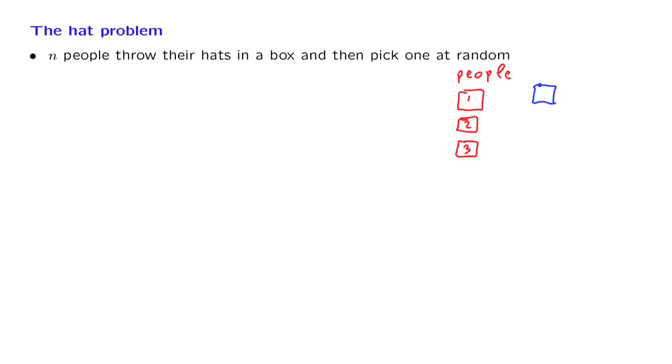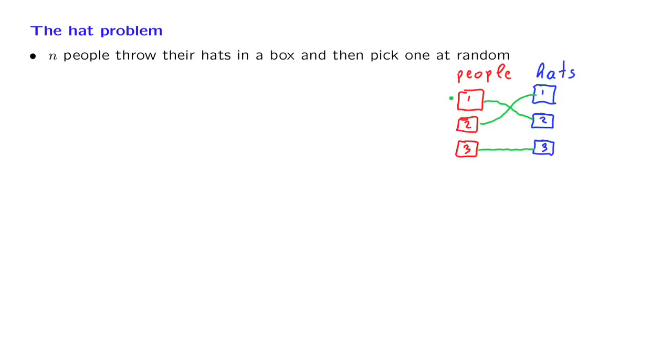So here are the 3 hats. And one possible outcome of this experiment is that person 1 ends up with hat number 2, person 2 ends up with hat number 1, and person 3 ends up with hat number 3.